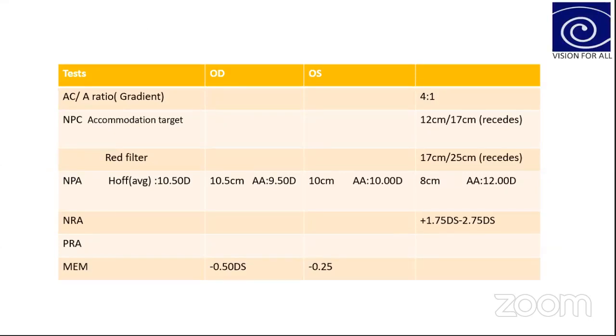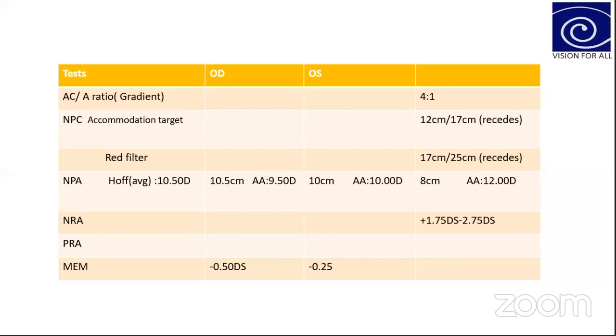The near point of convergence, with accommodative target and with red filter, was receding. So both values are receding. The amplitude of accommodation was okay monocularly, and binocularly slightly towards the lower side.